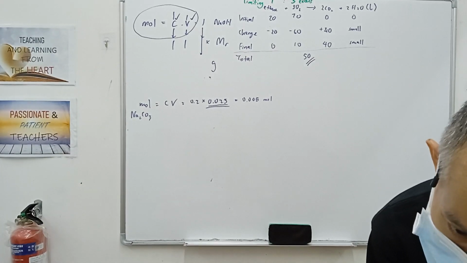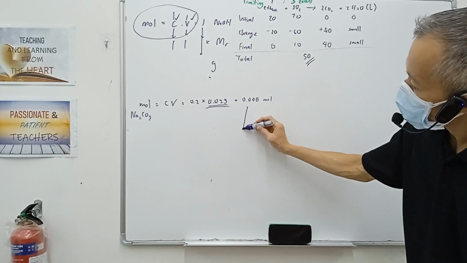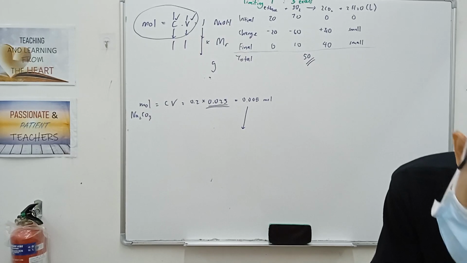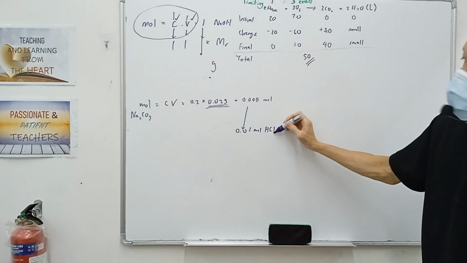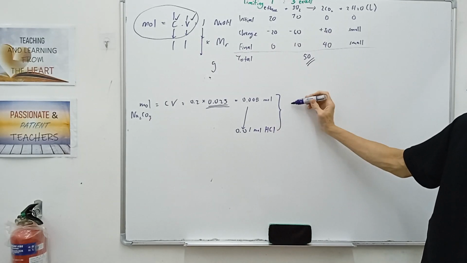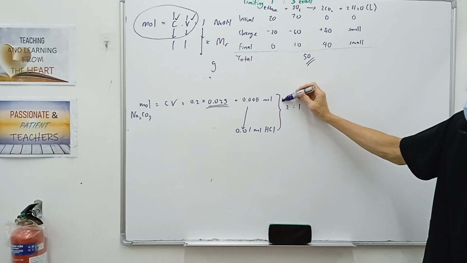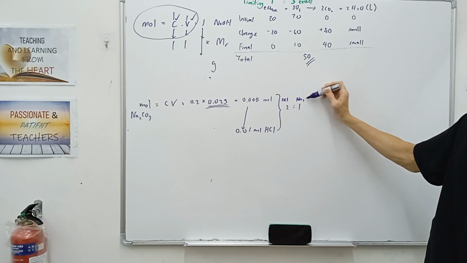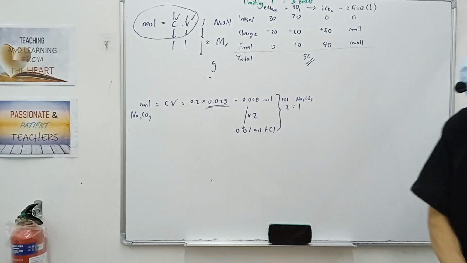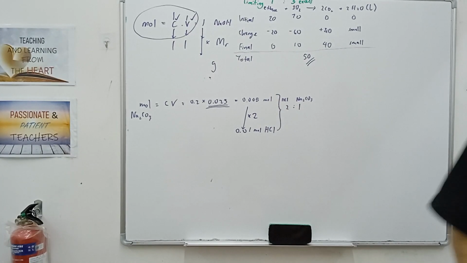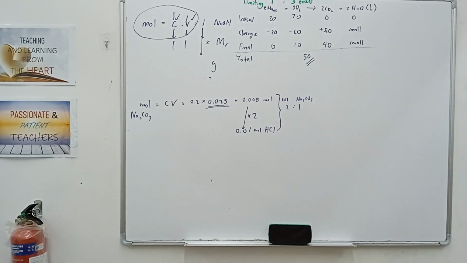But they are not asking for that, they are asking for HCl. So how much HCl do you need? 0.010 HCl. Why? Remember, mole ratio is 2:1. So HCl is 2, sodium carbonate is 1. What else are we given? HCl, you're given concentration, no?